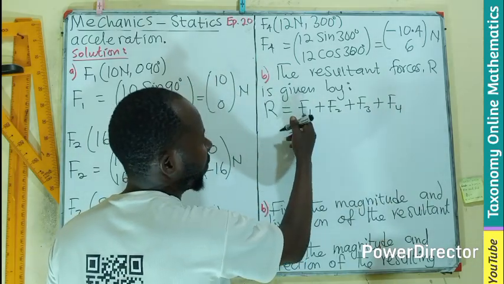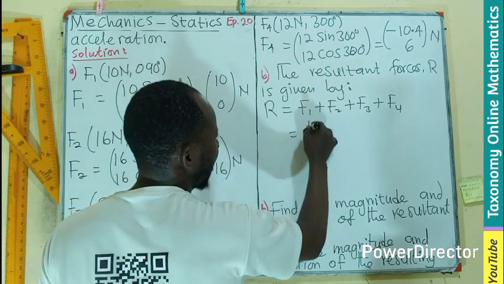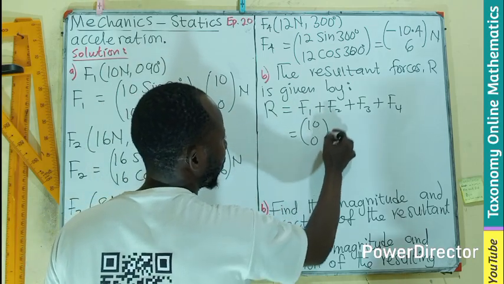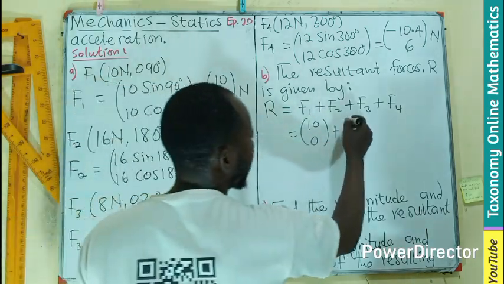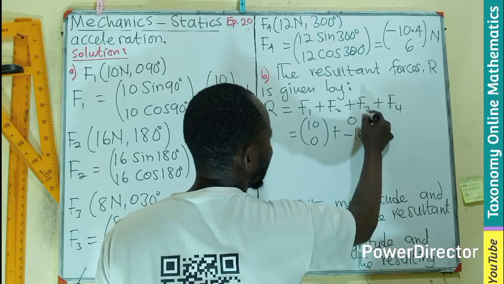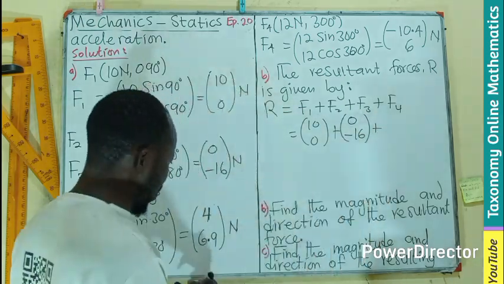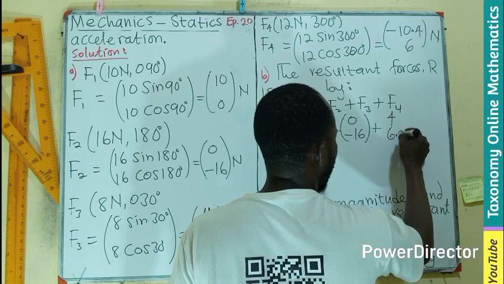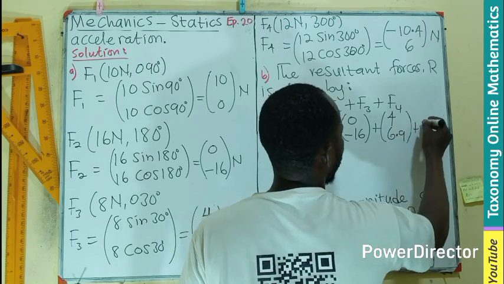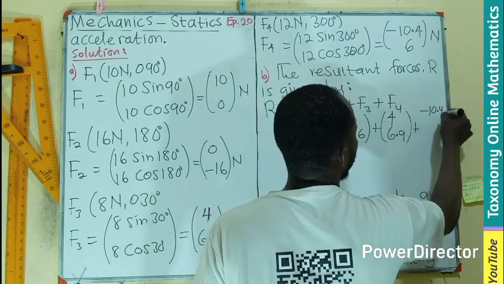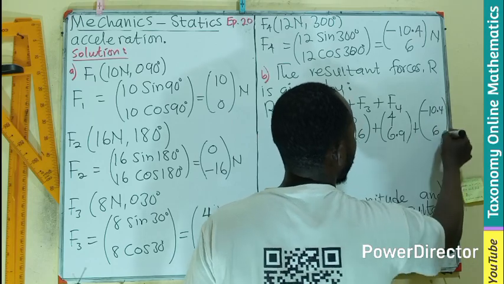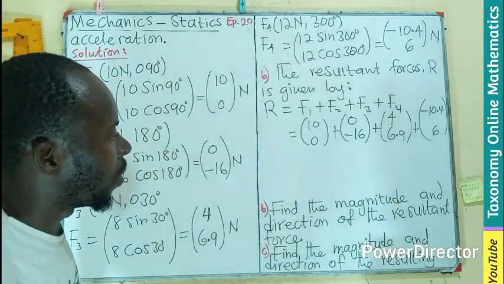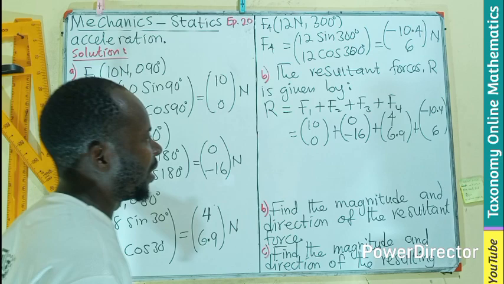The first force is 10, 0. The second force is 0, negative 16. The third one is 4 and 6.9. And the last one is negative 10.4 and 6. So we are going to add all those things. We add them in linear form.